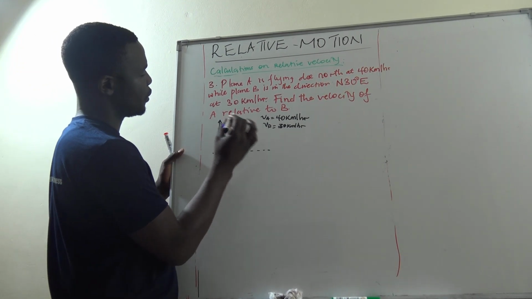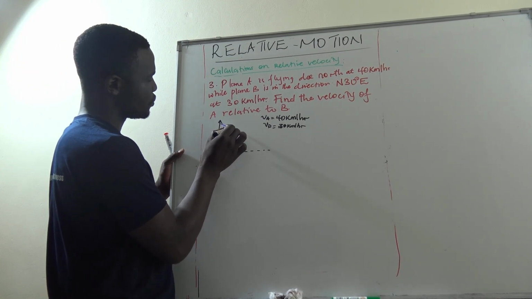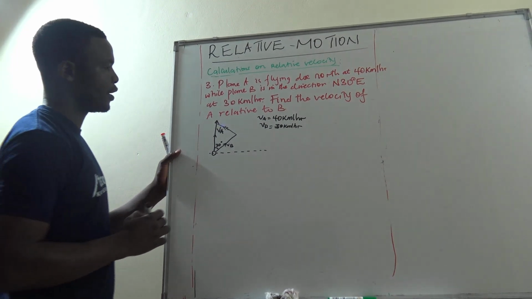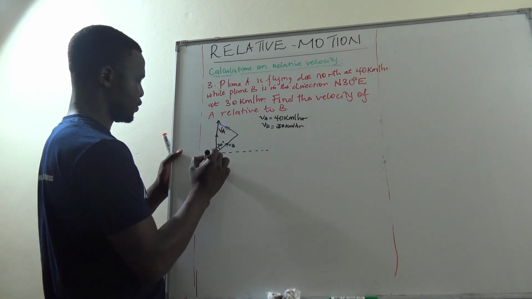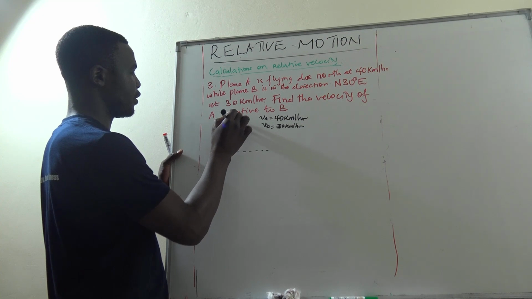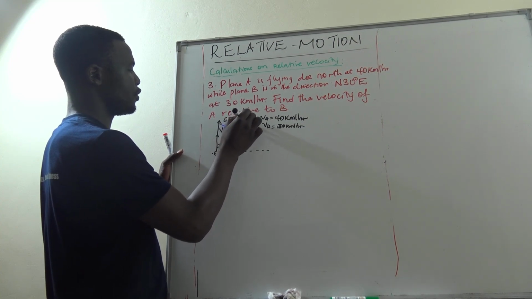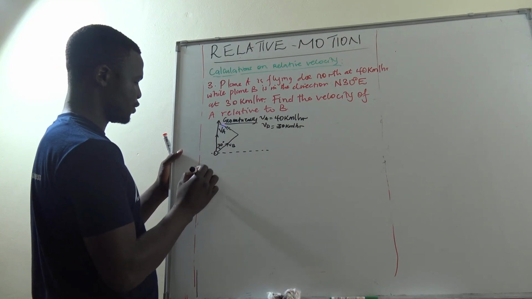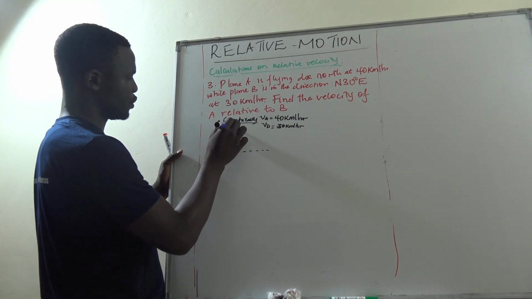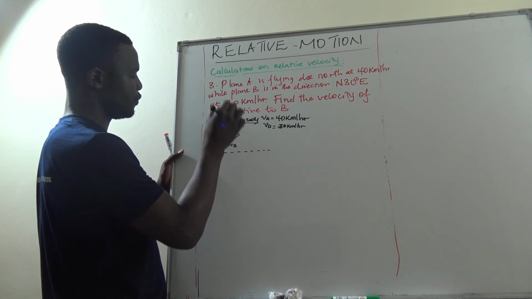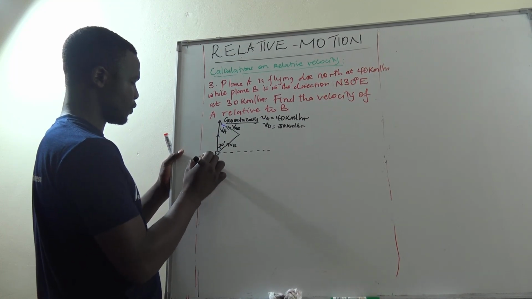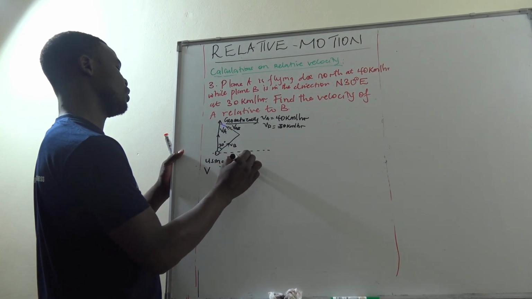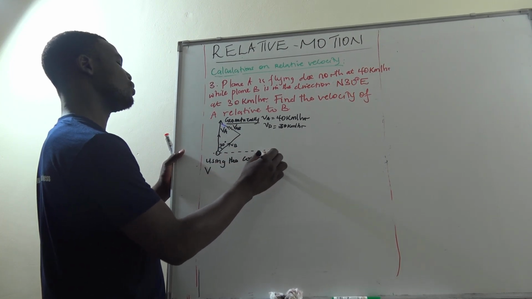We are asked to find the velocity of A relative to B, so the observer is in plane B. Now let's use the geometrical method. To find VAB, we use the cosine rule.